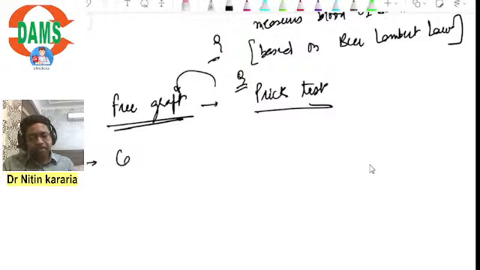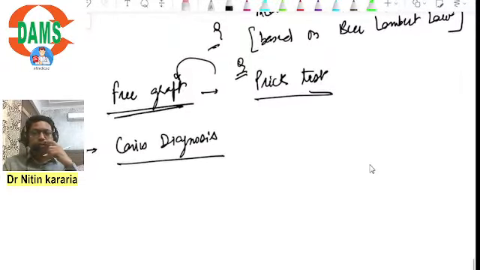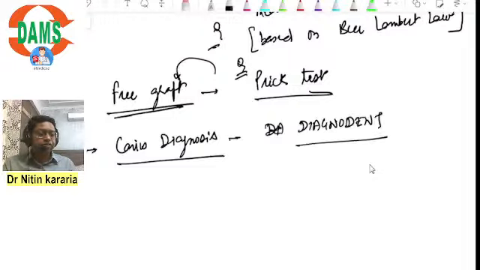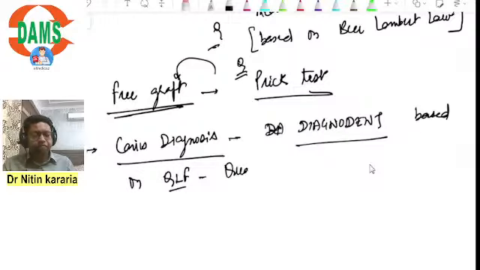Another is caries diagnosis. Use of lasers: we use a device called Diagnodent. Diagnodent is based on the principle of QLF, that is quantitative laser fluorescence.